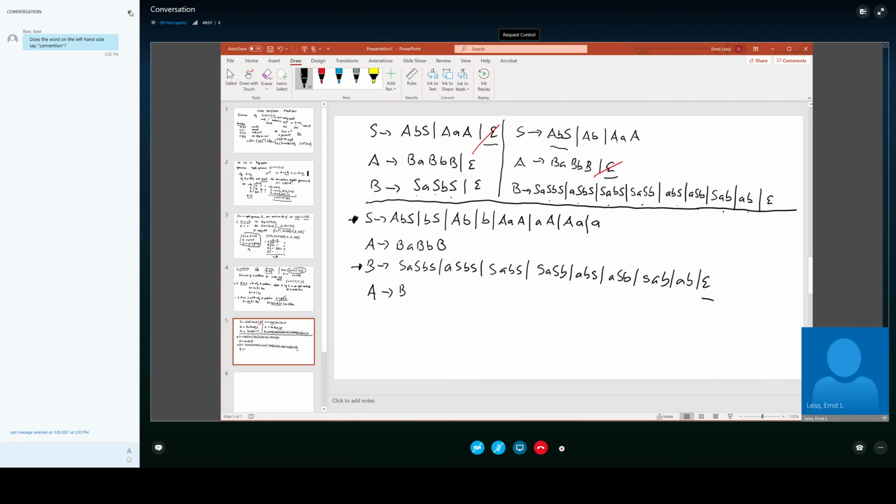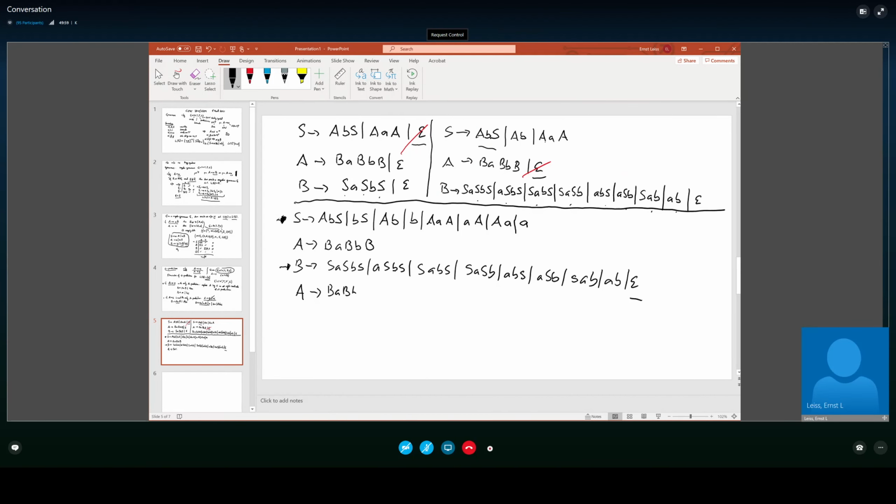If we don't replace any of the B's by epsilon, we have BABB. If we replace the first one, A, B, B, B. If we replace the second one, B, A, B, B. If we replace the third one, B, A, B, B.